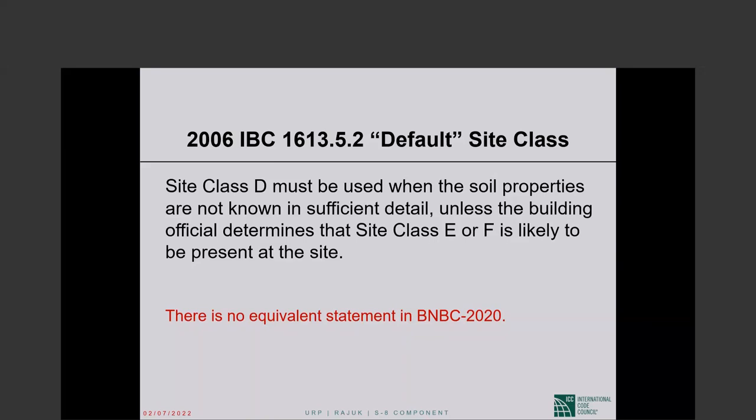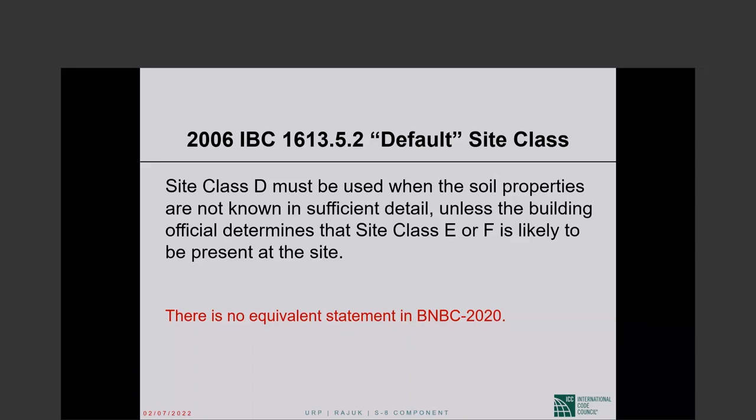The preferred property to be measured is shear wave velocity. If that cannot be measured, then we can go with either the standard penetration resistance or blow count or undrained shear strength.